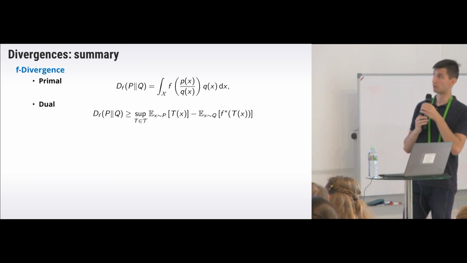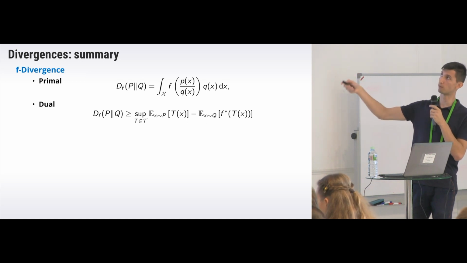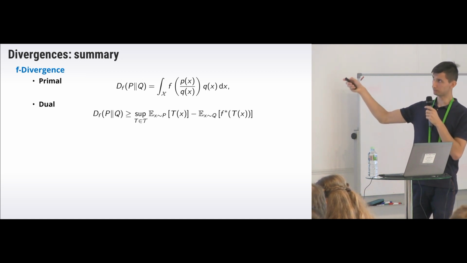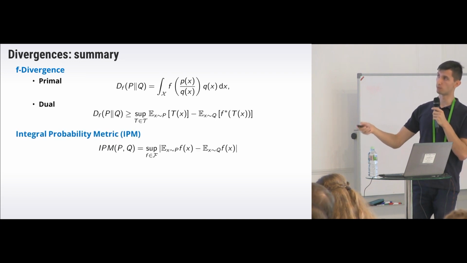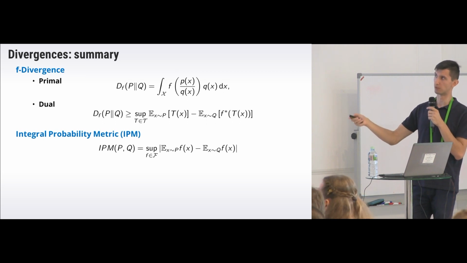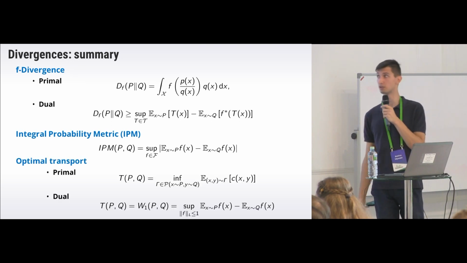Okay, so a little bit of summary. We've looked at f-Divergence. This is a primal formulation, and we can derive a dual formulation. Integral probability metrics look very similar to the dual formulation of f-Divergences. Again, we have a supremum, the largest difference of the statistics.